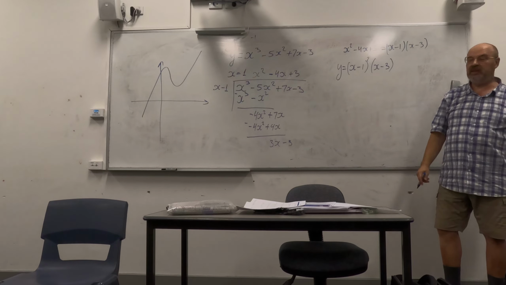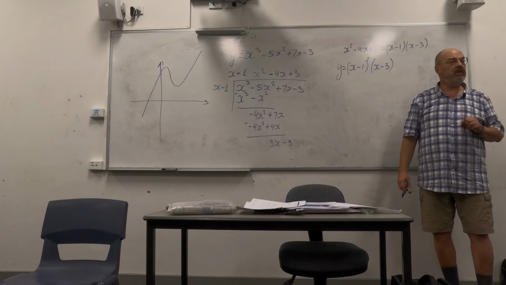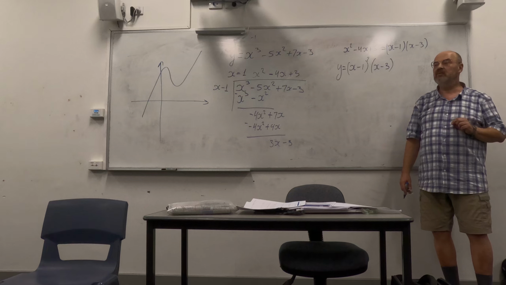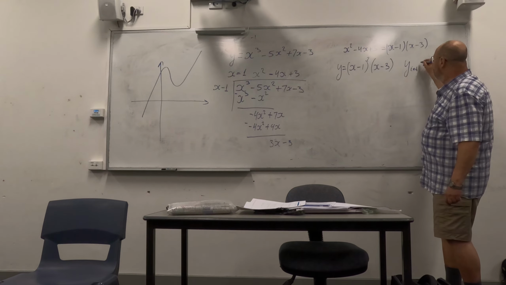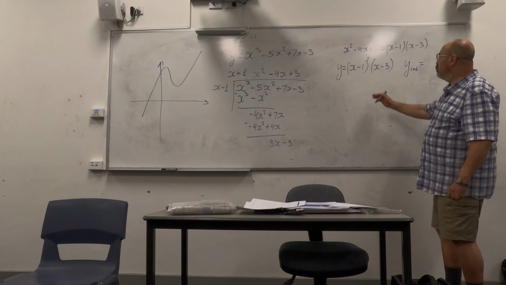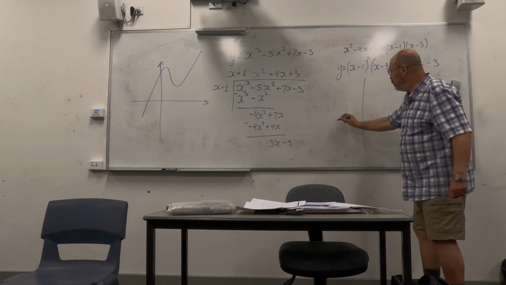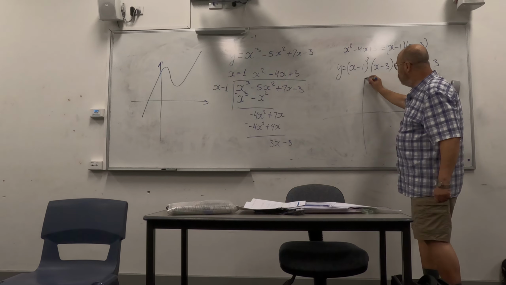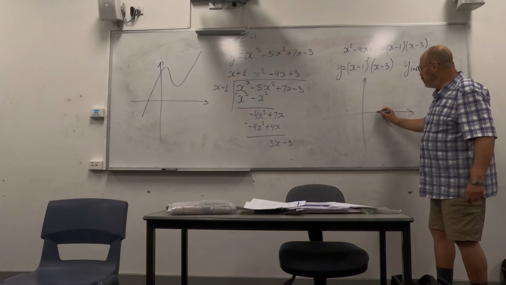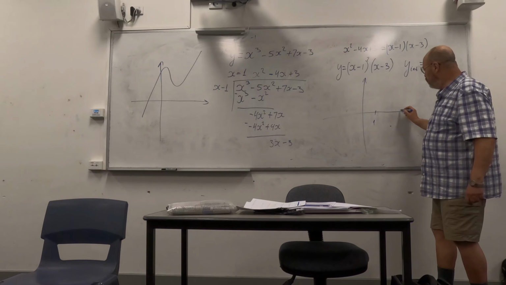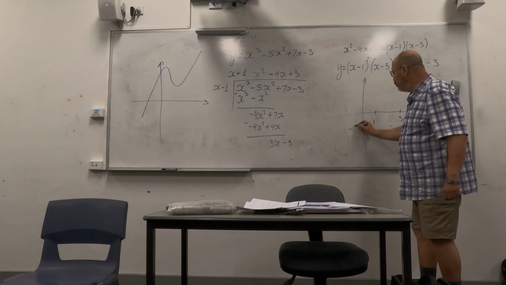One factor is repeated. The only other thing we need to find before sketching the graph is the y-intercept. With x equals 0, we get 1 times negative 3, so negative 3. And we have all we need to sketch the graph: x-intercepts 1 and 3, and y-intercept negative 3.